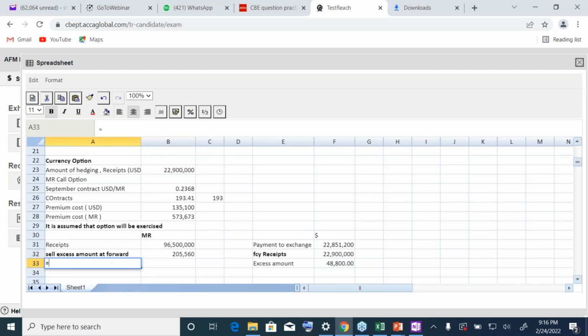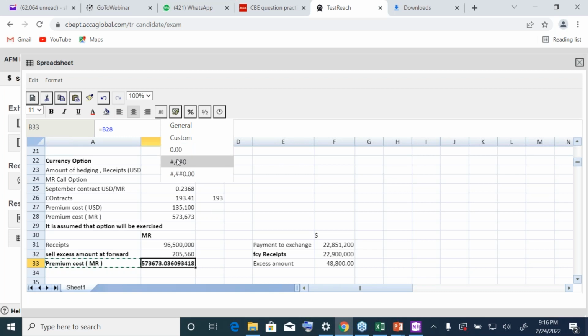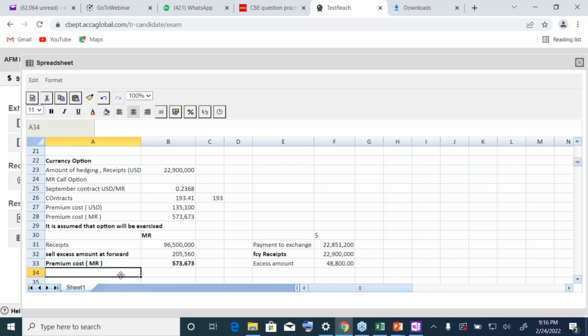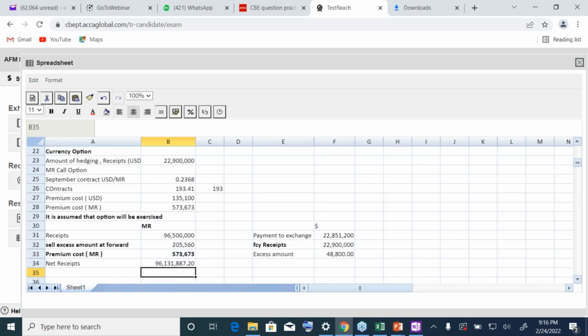Then write the premium cost here. And now calculate the net receipts, that is receipt minus payment. 96.131 million is the net payment which you are going to pay. Okay.